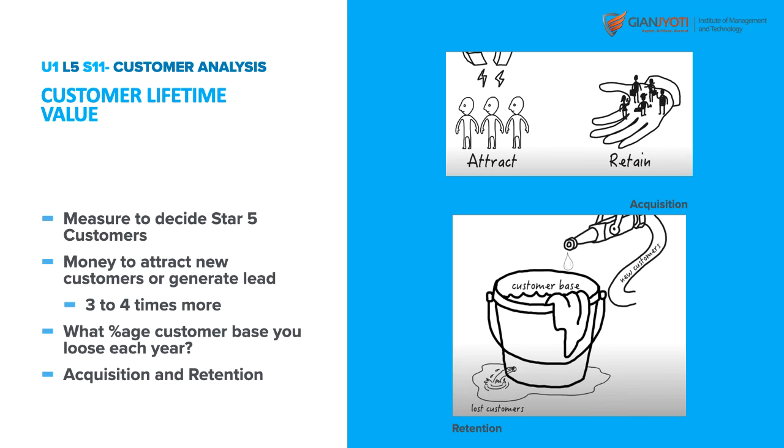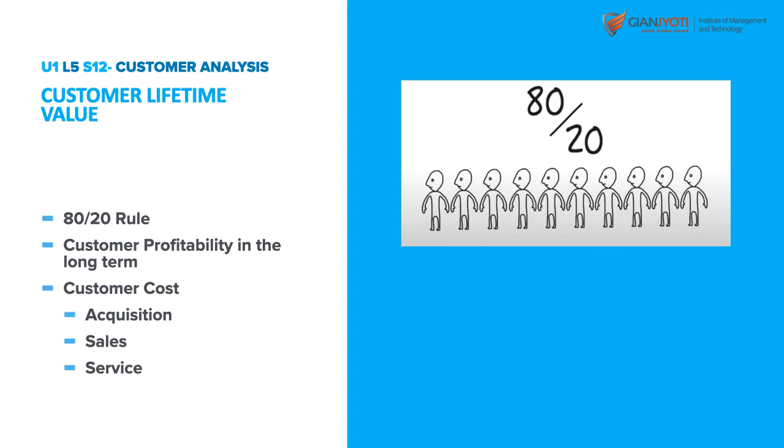So you have to work on both strategies, and the analytical tool in your hand is customer lifetime value. So let us understand how to calculate that. As you know, the 80-20 rule, 20% of the customers bring 80% of the profit. So when we talk about customer profitability in the long run, that is CLV.